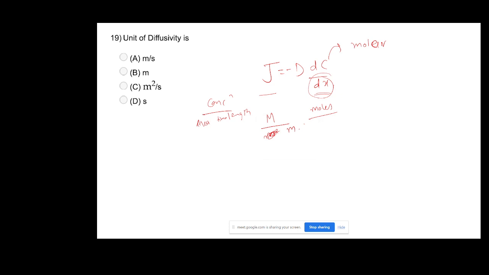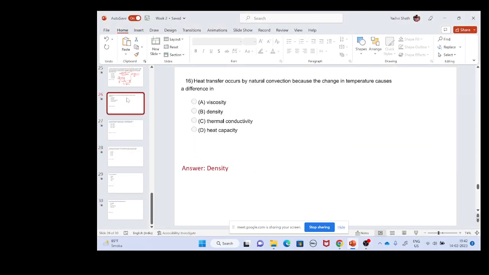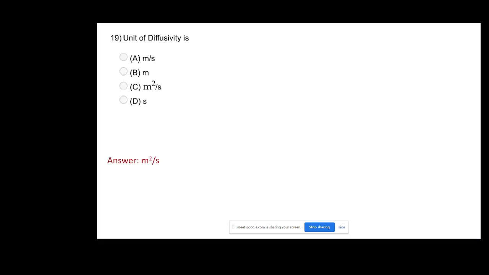Actually, I have made some mistake. Just a second. If you do the simplification, the unit will come out to be meter square per second.